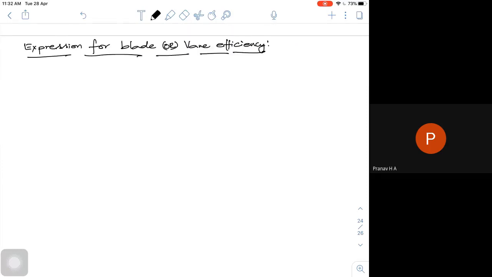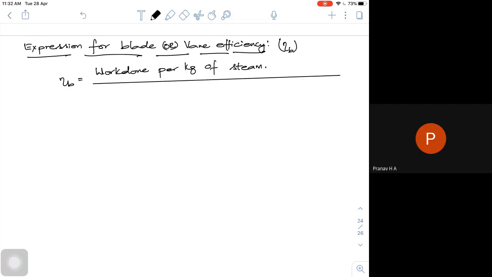What are the expressions? If you go by definition, the blade efficiency or vane efficiency, eta P, if I define it, is equal to work done per kg of steam divided by total energy supplied, or enthalpy change, or whatever it may be, per kg of steam.